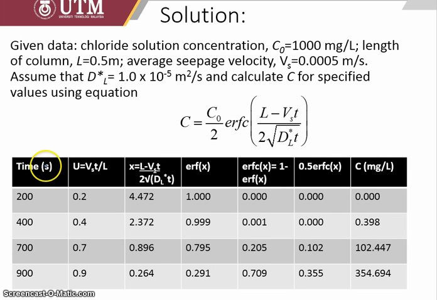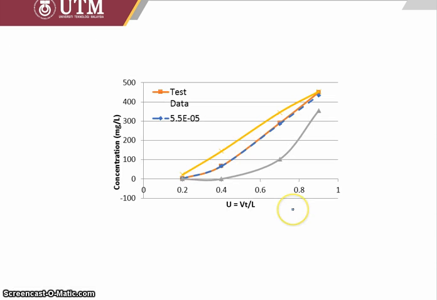By using a table for specific times, we can calculate U, and then we calculate the component inside the bracket. We apply the error function using Excel, and the inverse error function here, divide by 2 and calculate C. At the respective times we get different values of C. So these values of time and C are plotted in the graph.